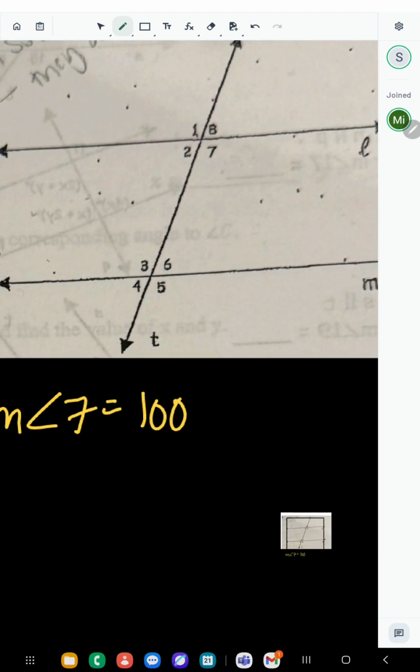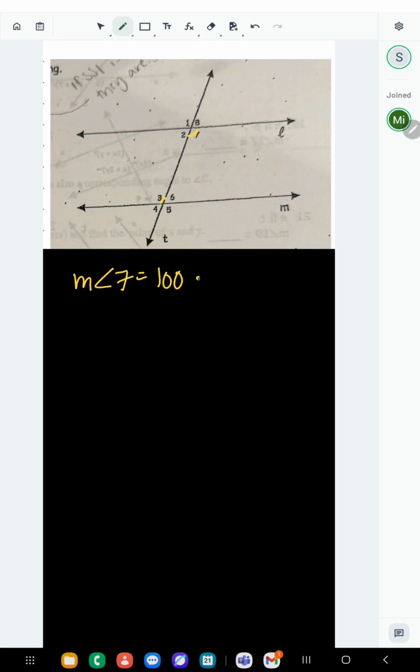Where's angle 3 here? What is the relationship between angle 3 and angle 7? Yes, alternate interior angles, they're equal, right? So therefore, angle 3 is also equal to 100.